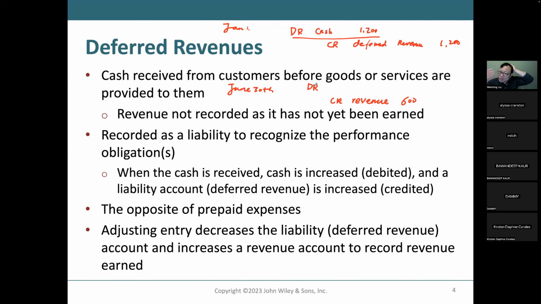So it's a decrease in liability. So you debit what? You debit a liability, which is deferred revenue. On January 1st, you have a liability of 1,200 because you haven't done any work yet. But since 6 months passed, you completed half of the work.